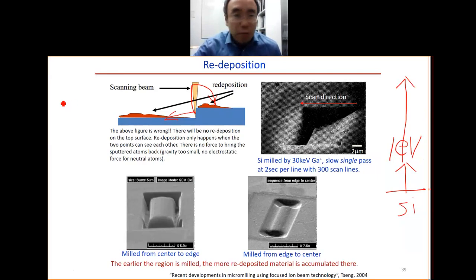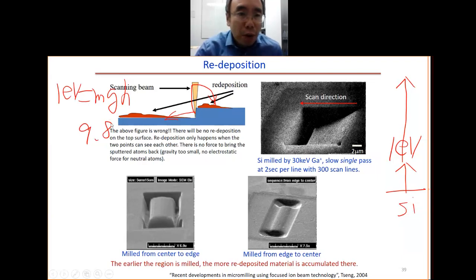It's not so hard. We have the formula: 1 electron volt equals mgh. E we know, from the charge; g is 9.8; h is the height we want to know; m is the silicon mass. So what is the mass of the silicon? We know for silicon we have 28 grams per mole.